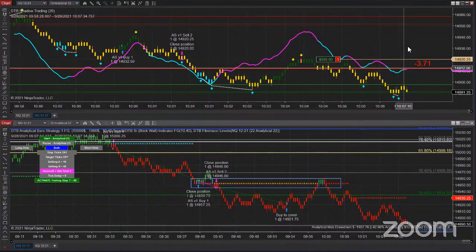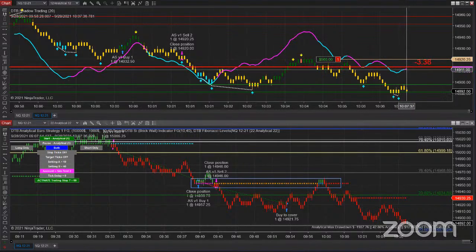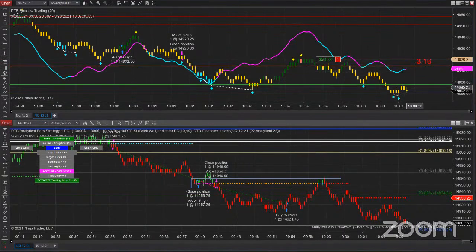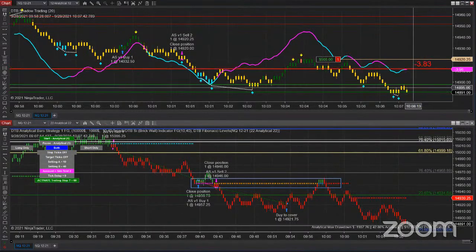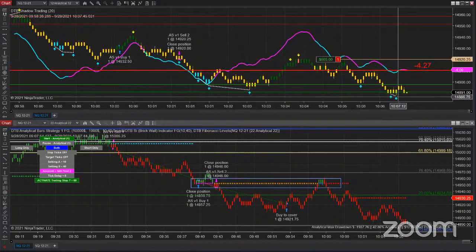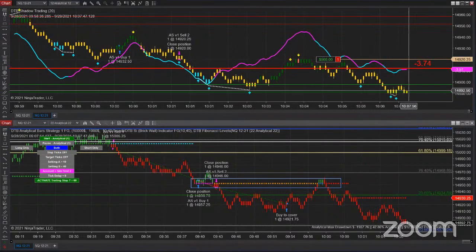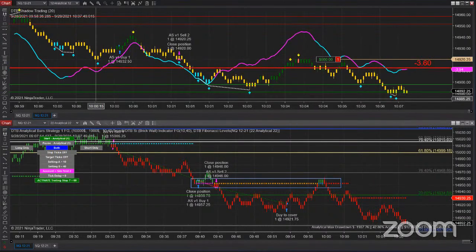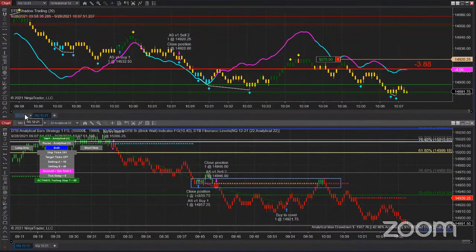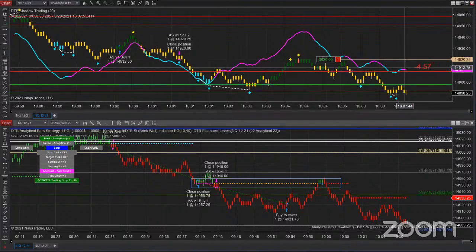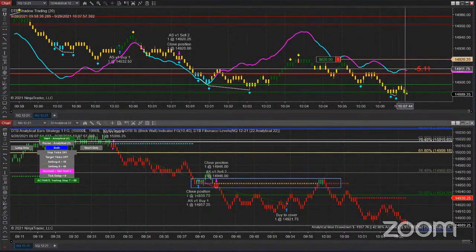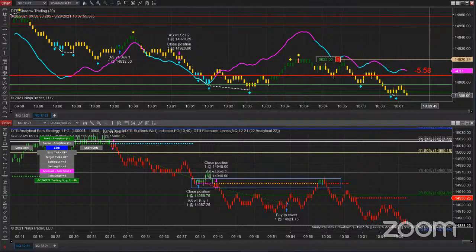This is still not giving us a very powerful buy signal yet, because the bars are still all gold. The sellers are still in control of the price, at least by the look of it. We've got this divergence over here, so this is where you've got to look at that and decide what you want to do. I still see this momentum line very flat at this stage, so it looks like it's still going to go down.